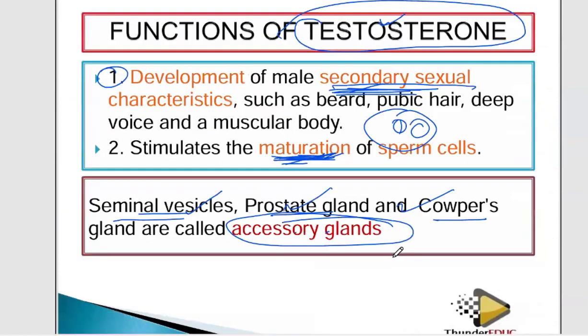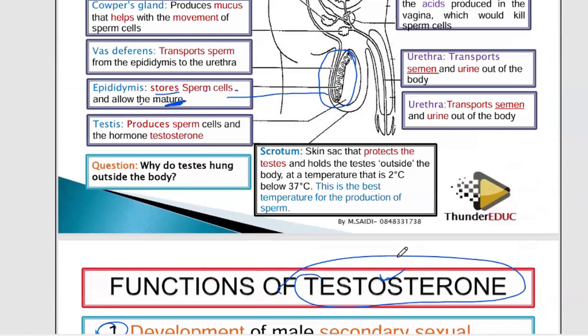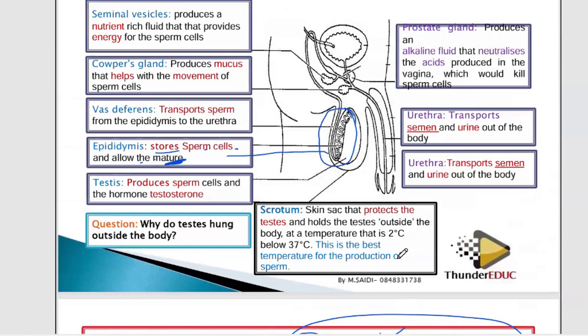We're going to drill with some questions on the male, but there is one question which I need to talk about before I go to the questions concerning the male reproductive structure. Why do testes hang outside the male's body? Why do we have the testes of a human hanging outside, but the testes of the chicken don't hang outside?